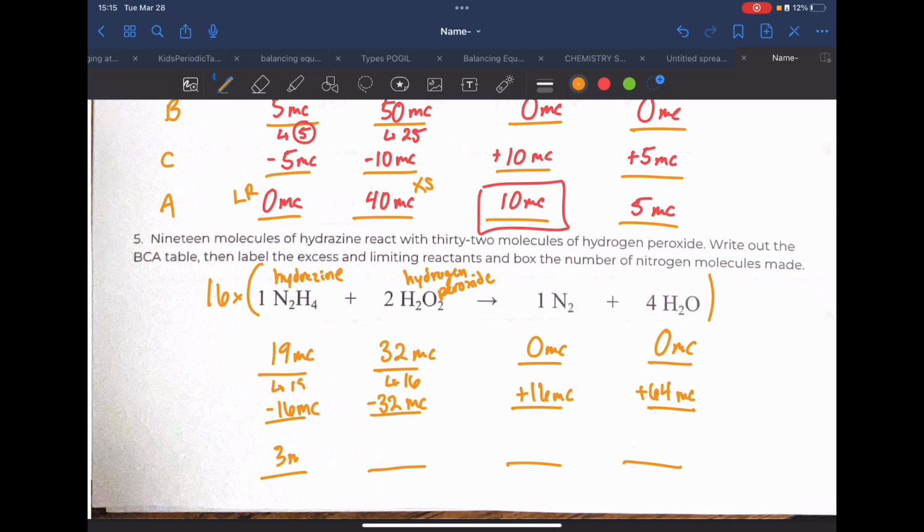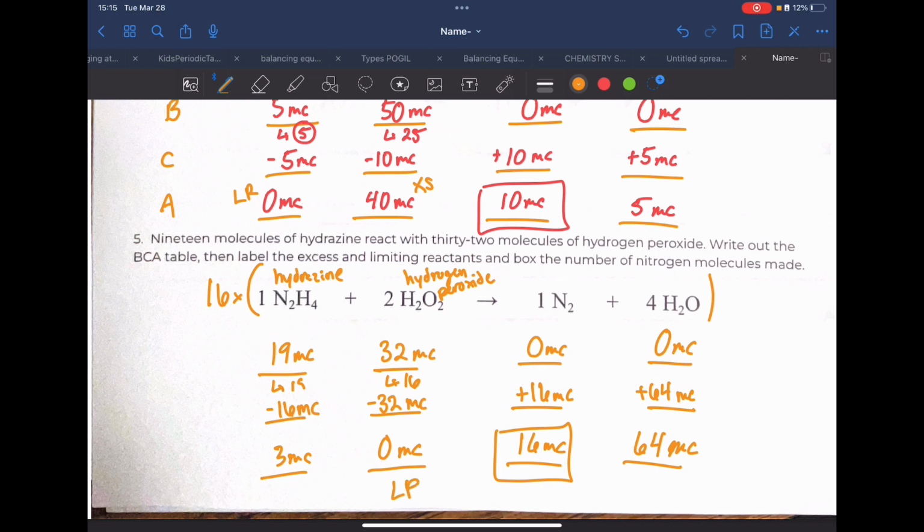Okay, I can do my subtraction and addition here to figure out that I made 16 nitrogen molecules.